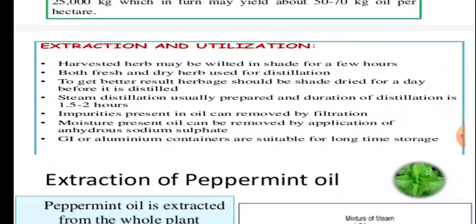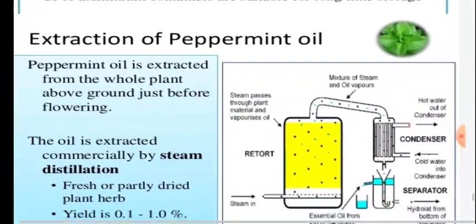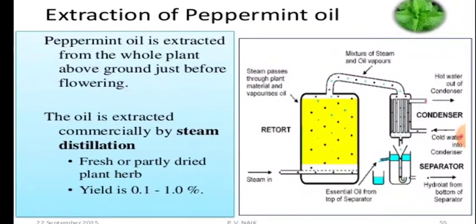And then extraction and utilization. So after fresh cutting, it is used for the extraction for the oil preparation. The peppermint oil preparation is like this diagram. So condenser is there, mixture of steam, then storage, then condenser for the cooling, and the separator.